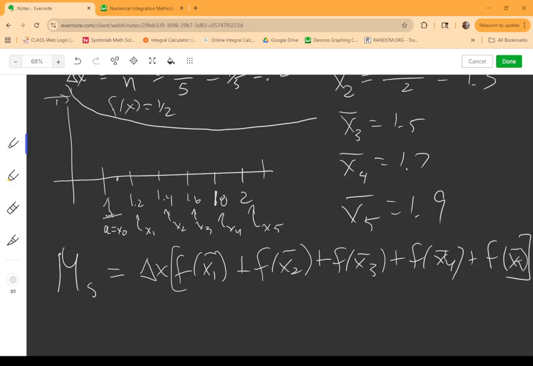Okay. And then we plug in all these values, right? And again, what that means is that when we're choosing the midpoint, that's going to be the height of our rectangle. So here is our height for each one of these rectangles.